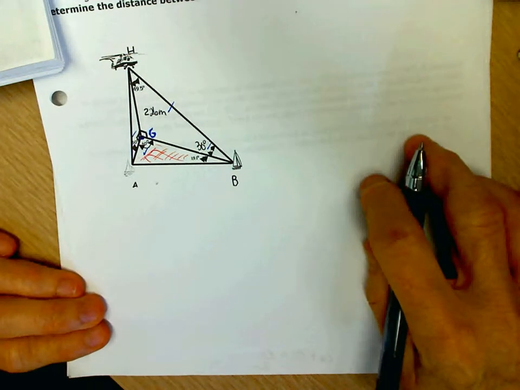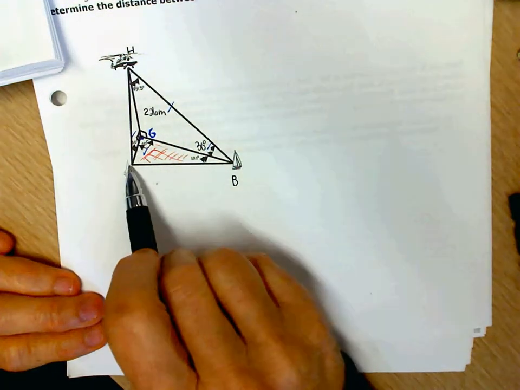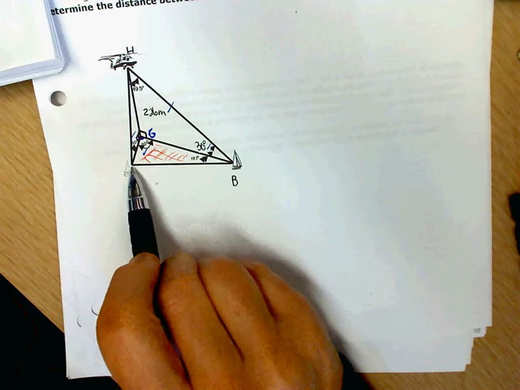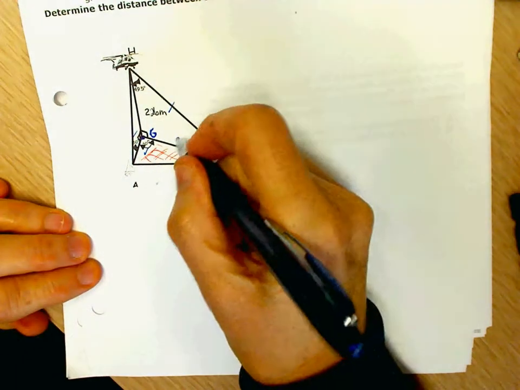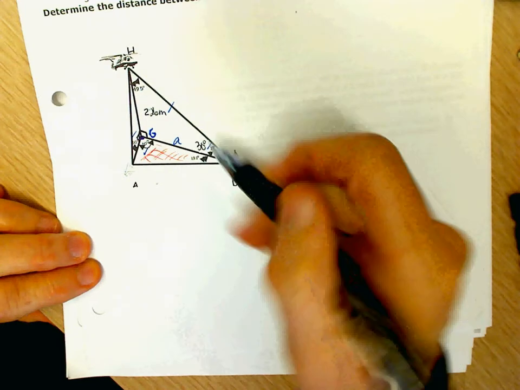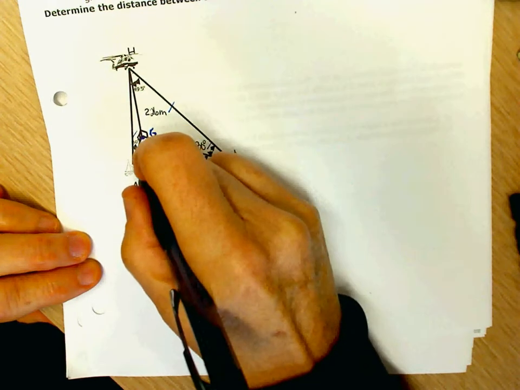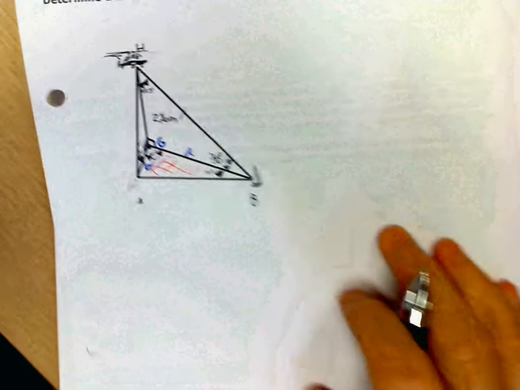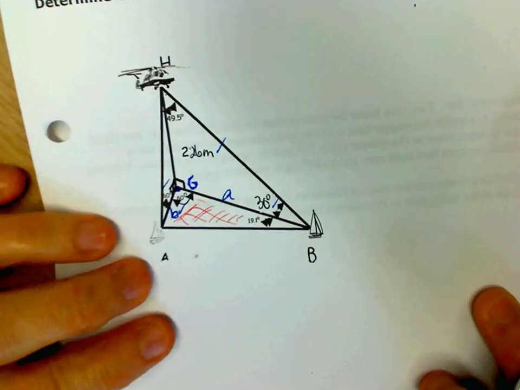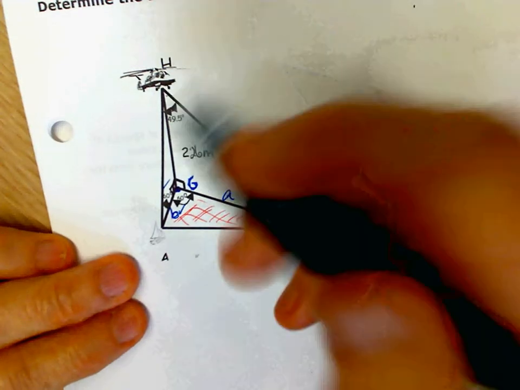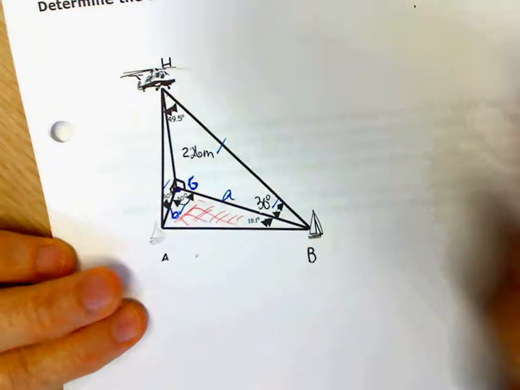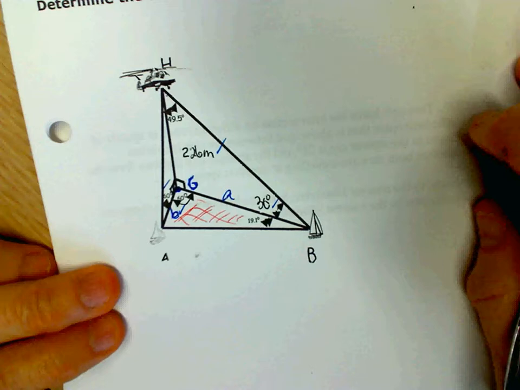Okay, so opposite this angle, we'll call it A right here. And opposite angle B, we'll call that little b. Hard to see, right, because the diagram isn't the best. So can you see that?